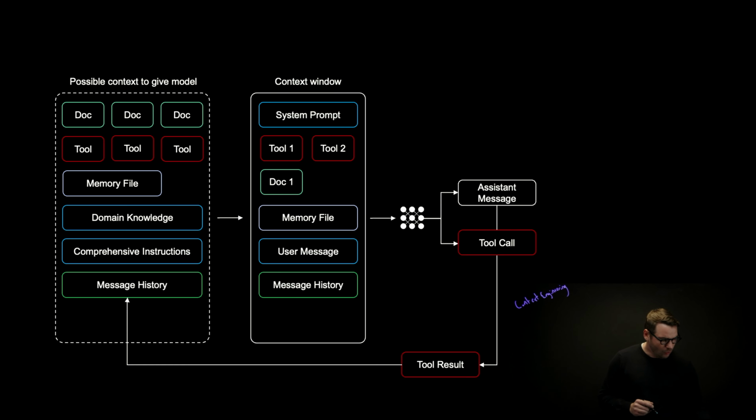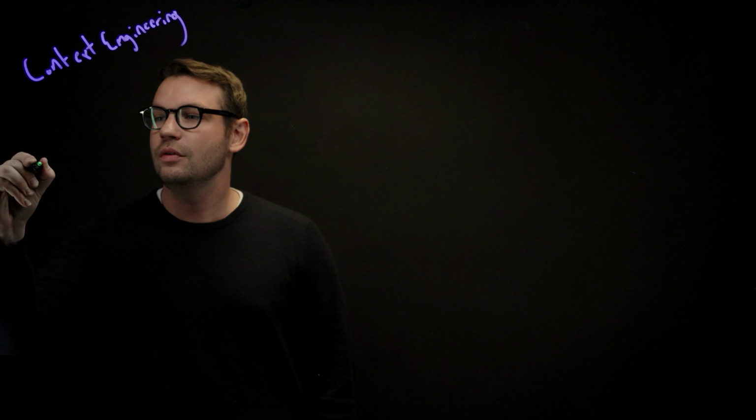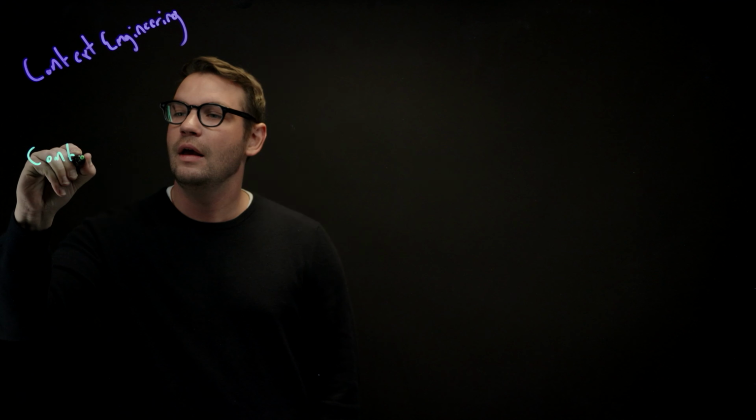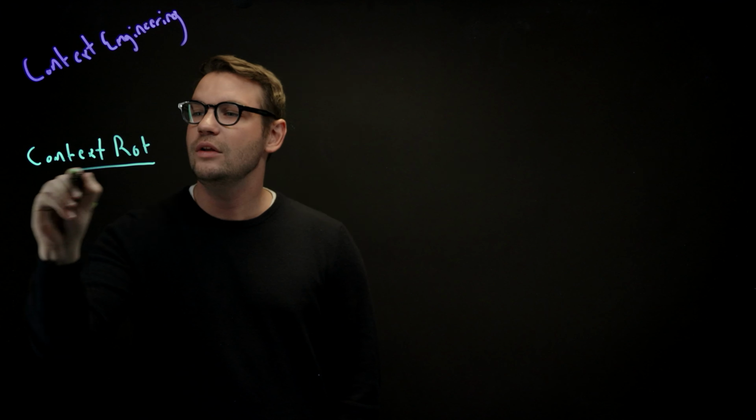So why is context engineering so important? Well, it's critical mainly for accuracy, especially in an enterprise context, because of this reality and idea of context rot. And what is context rot?